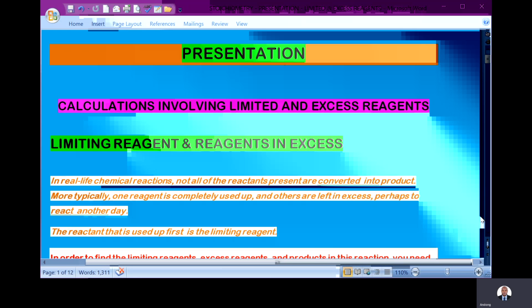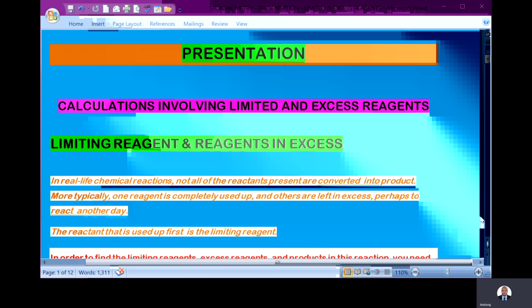During a chemical reaction, there is a reagent or a reactant that will be used up first, and the rest will be left.